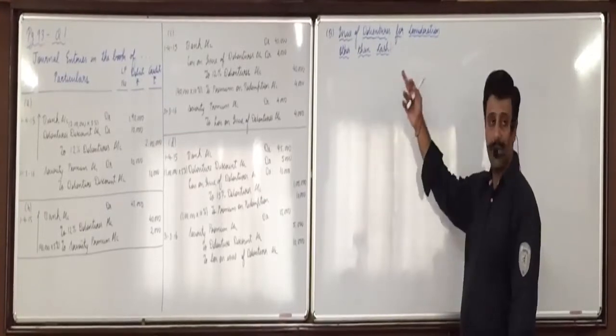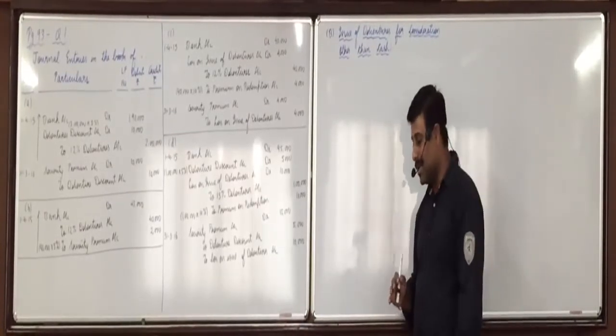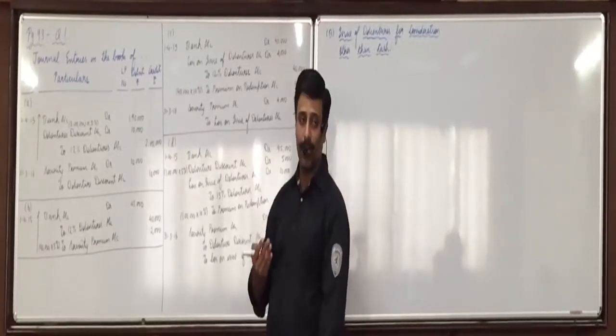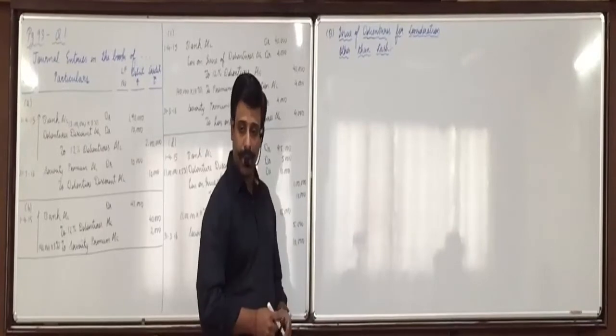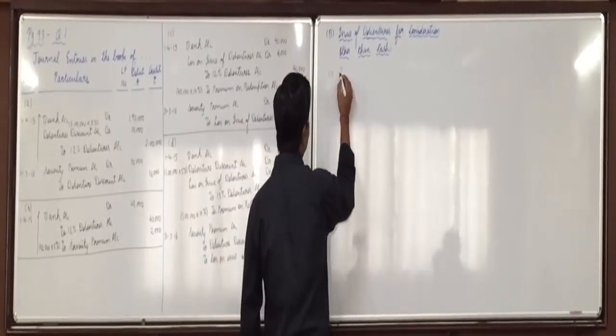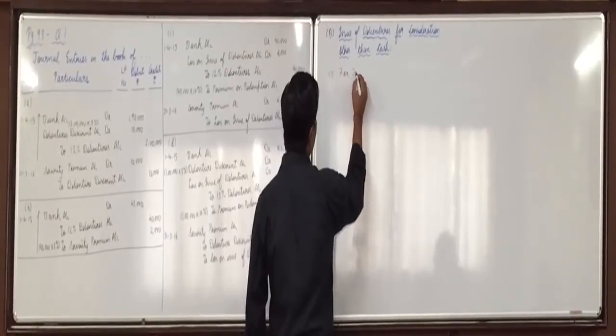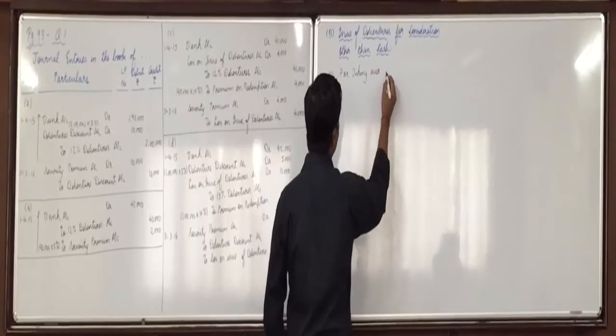So debentures may be issued for consideration other than cash. Now here first we have to pass the entry for taking over the business, taking over its assets and liabilities. And then we'll pass the entry for the issue of debentures. So first entry will be for taking over business.